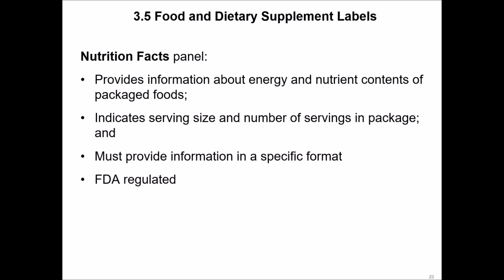Another resource that we have to help us plan out a healthy, nutritious diet is looking at what's called the Nutrition Facts Panel. And I know everybody's seen this. I don't know how much we use these, but it's definitely worth taking some time to look at that information and trying to understand what that information is all about.